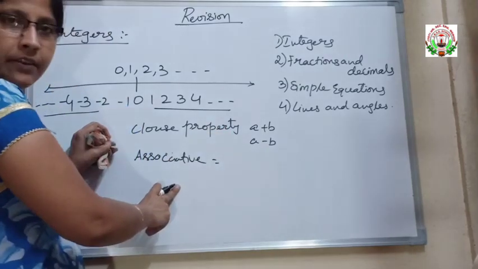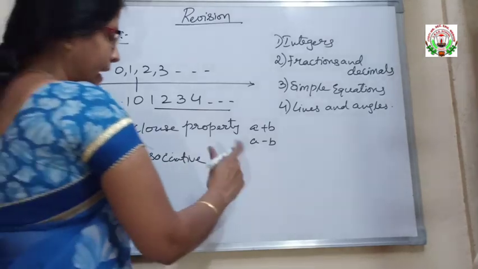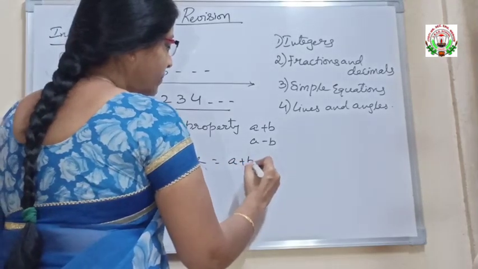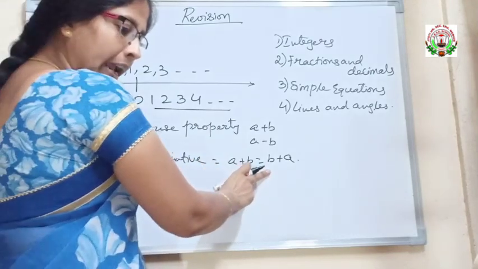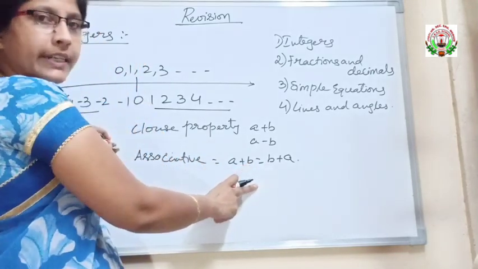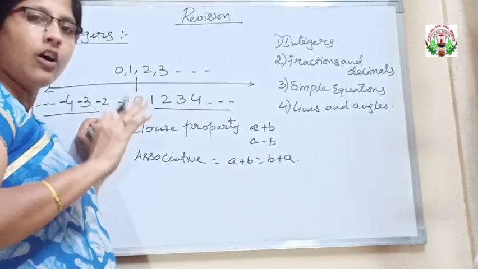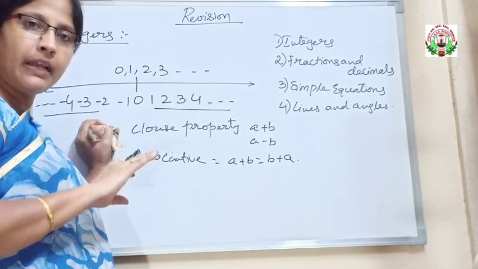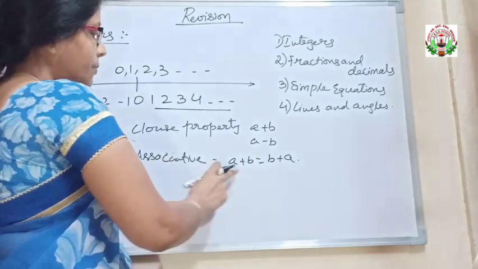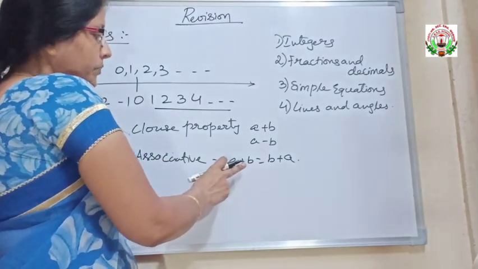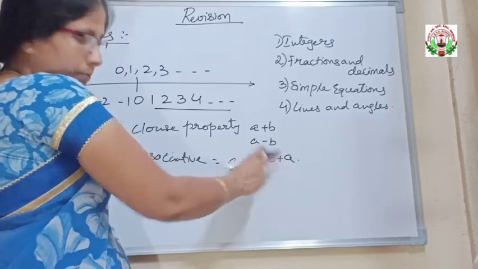Next it is associative under addition, that is a plus b is equal to b plus a. It is associative under addition for all integers a and b, that is, a and b can be either positive or negative.